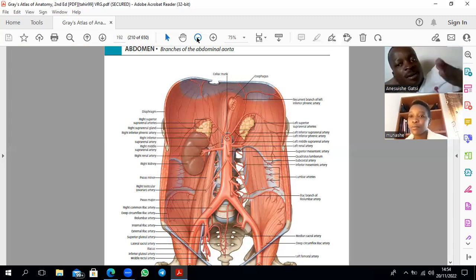Okay. Then from the superficial fascia, do you have deep fascia in the abdomen? No. Why? I don't know. Do you have deep fascia in the thorax? Let's explain deep fascia first of all.